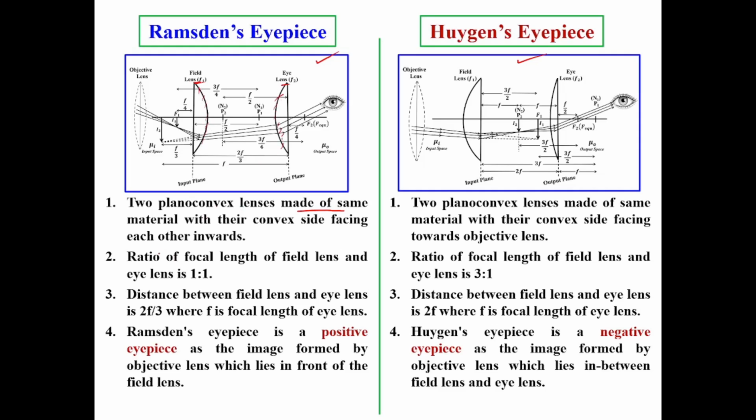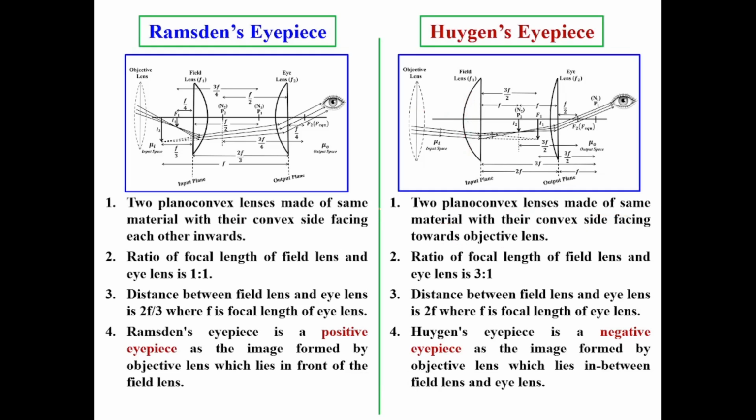Convex side means this side, facing each other inwards. For the Huygens eyepiece, two plano-convex lenses made up of the same material with their convex side, this is the convex side, facing towards the objective lens.